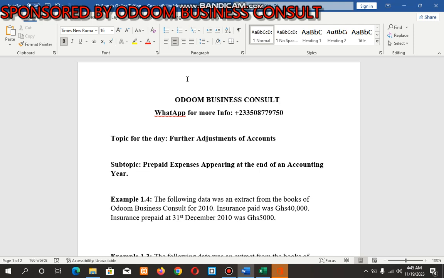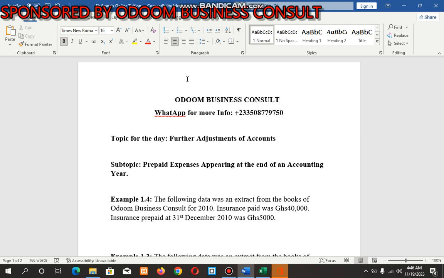So if you want to reduce an expenses account, what you have to do is to credit that relevant expenses account. For example, maybe in the year 2010, as at 31st December 2010, total rent paid was 20,000, but the actual rent for 2010 was 15,000.